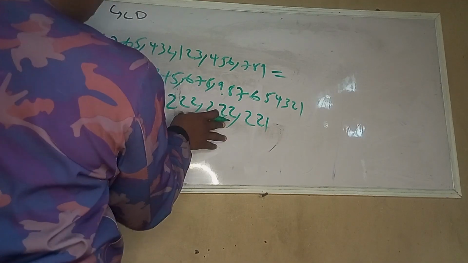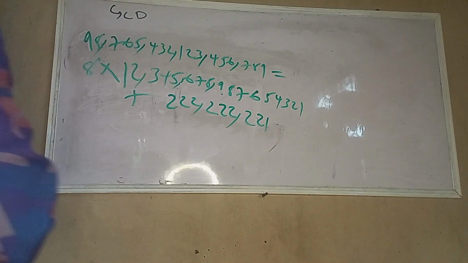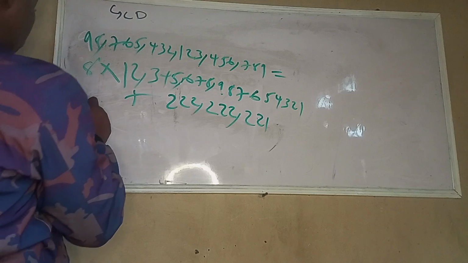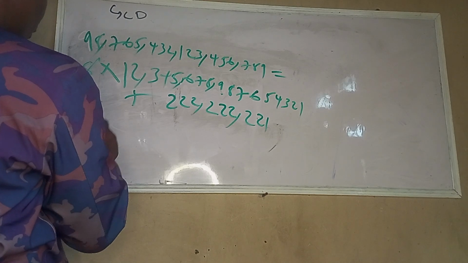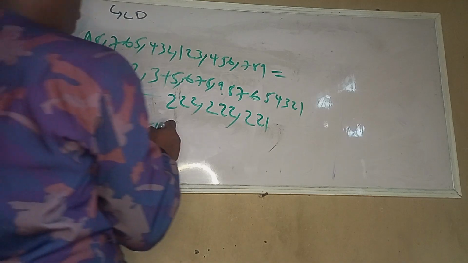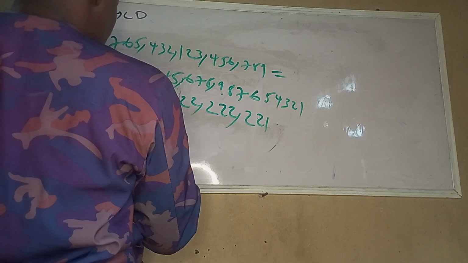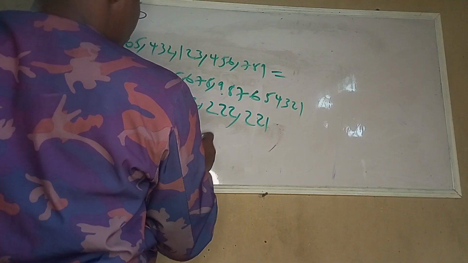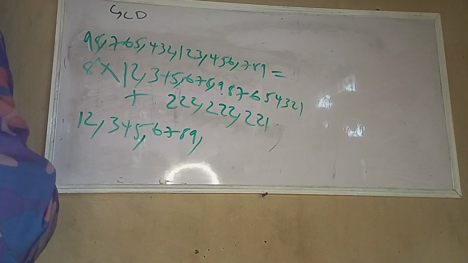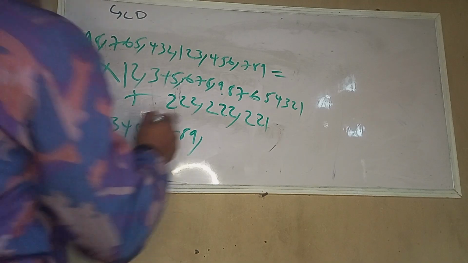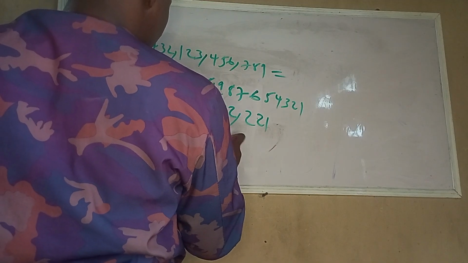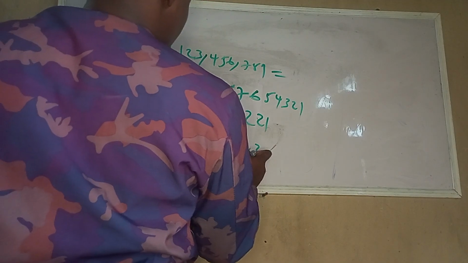So this one divided by this one is equal to what? 123456789 87654321.